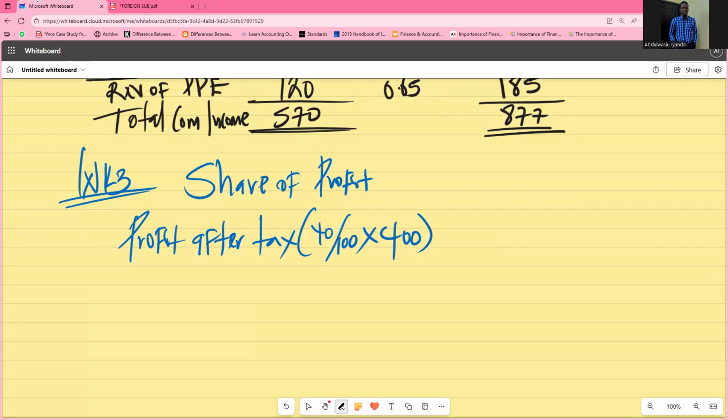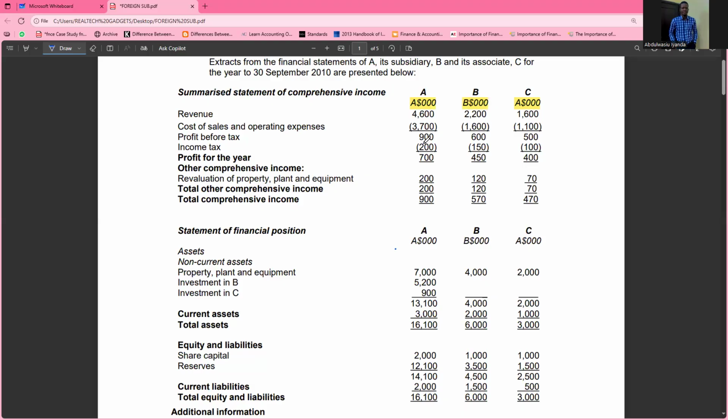And thank God, the examiner is not making it complicated for you by saying that the associate also has another currency. You can see that the currency of the parent and the associate is the same. So let's say the examiner wants to play with you by giving you another currency. Then you have to convert before you take these figures, you take the profit, but it is the same now, so there's no problem.